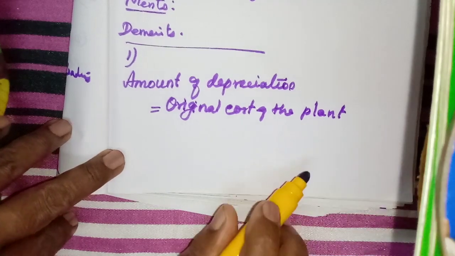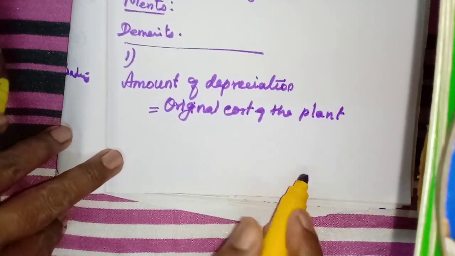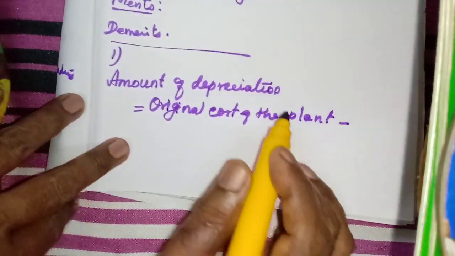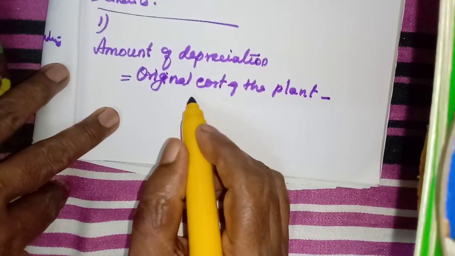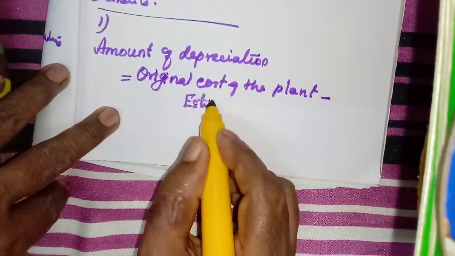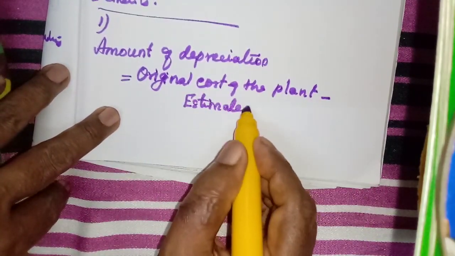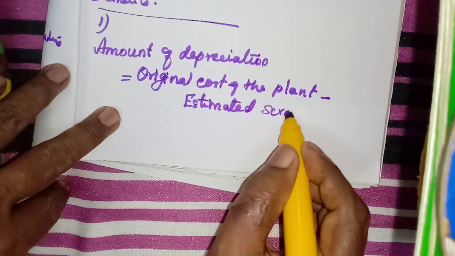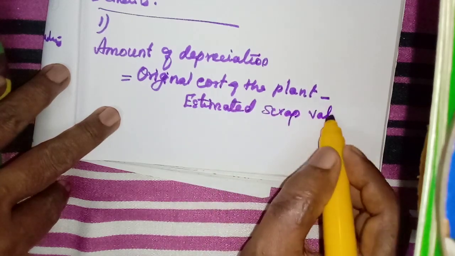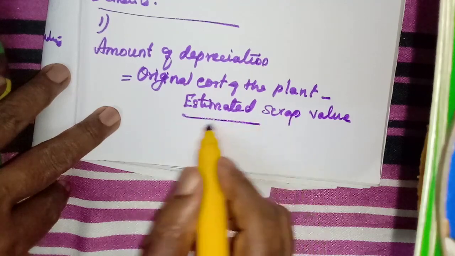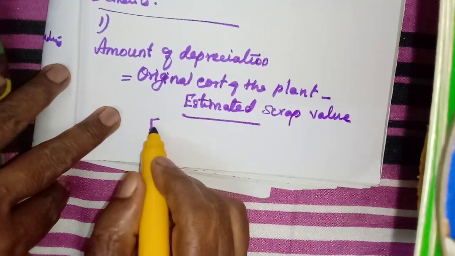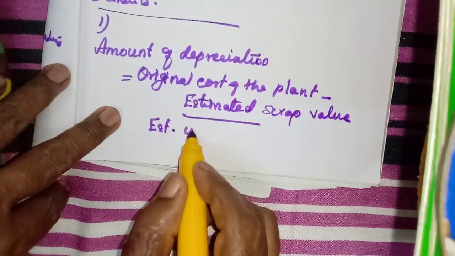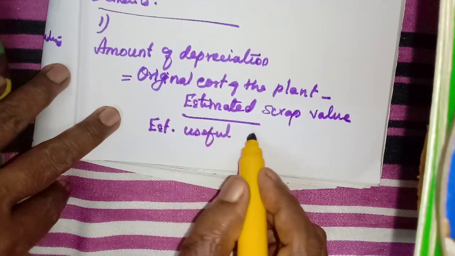The formula we may not forget, so you write it fully: original cost minus estimated scrap value, divided by estimated useful life of the asset.